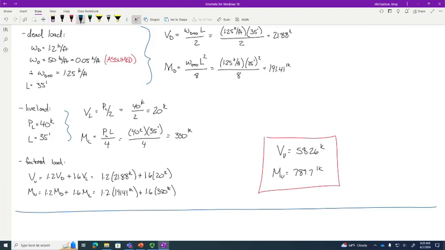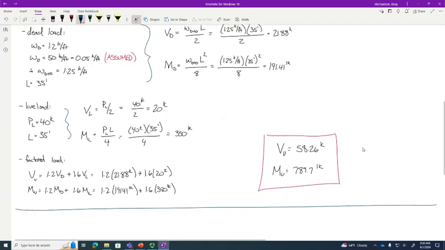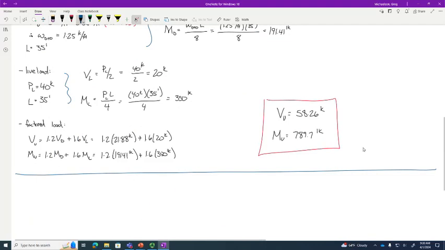Now, the only other thing I'm going to add here is that these are based on a self-weight of 50 pounds per foot. Would you agree? Let's just keep that in the back of our heads. We might refer to that later. Spoiler alert, we will. All right, so this is analyzing the beam, but we're not done yet because we also have a deflection limit.